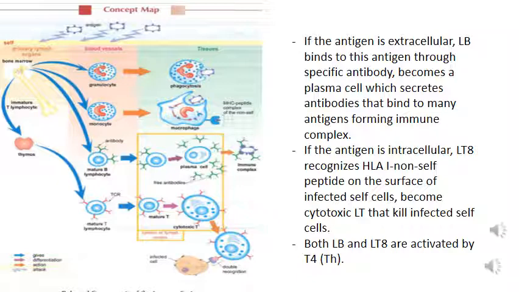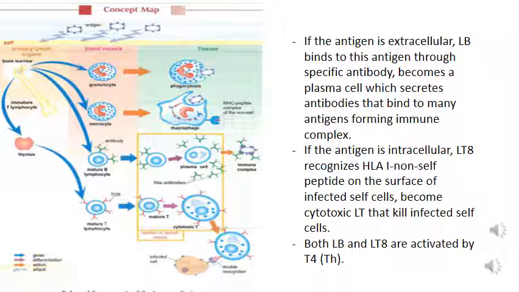And when these antibodies bind to different antigens, all of them together form the immune complex. Of course, this activation of B lymphocytes requires also the cooperation with T4 lymphocyte, and this is going to be discussed later in chapter 7. So if the antigen is intracellular, it's the lymphocyte T8 that is going to be activated here.